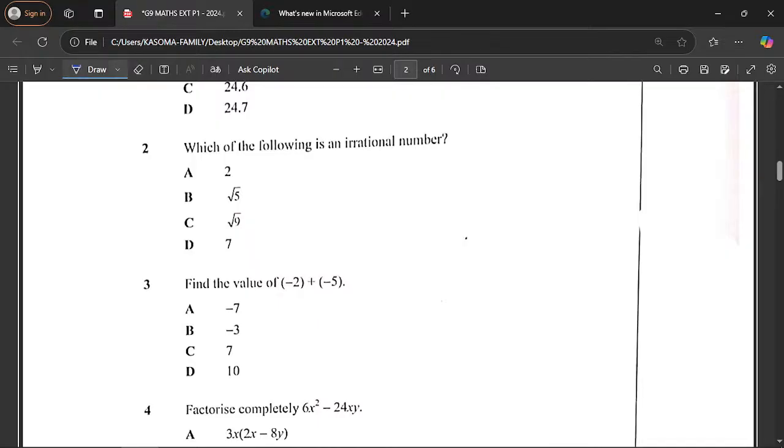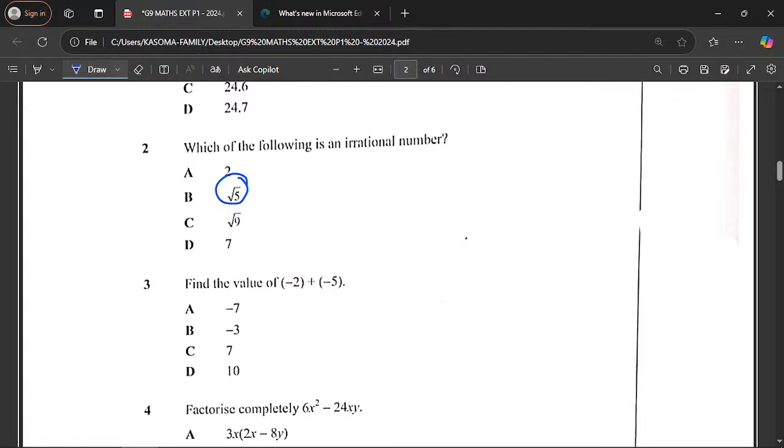We come to B, the square root of 5. When we find the actual square root of 5, we will find that the number has a lot of decimal places. That means this cannot be easily expressed as a fraction, and it's not a whole number.